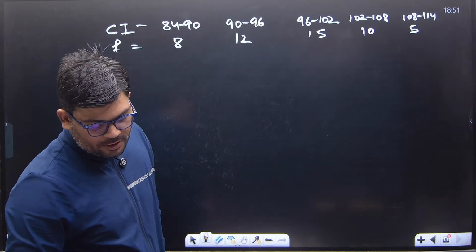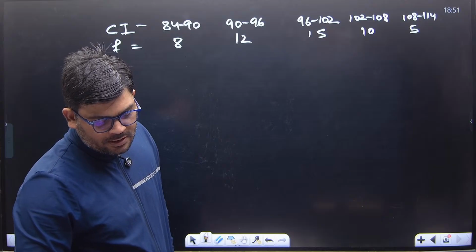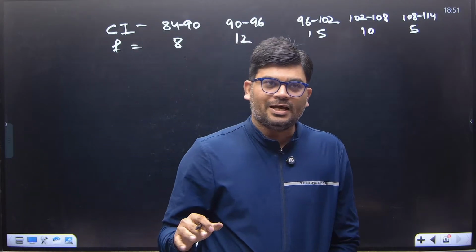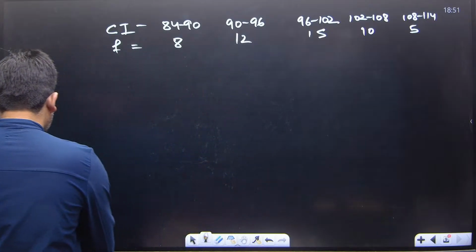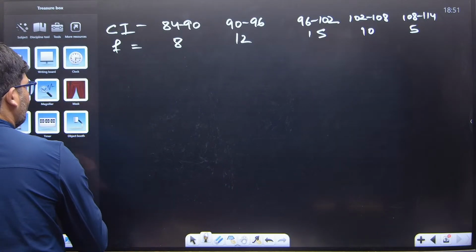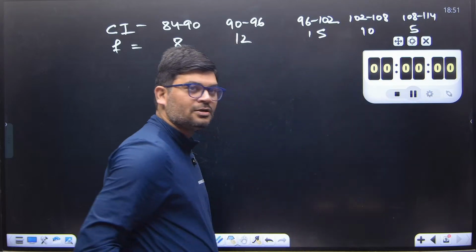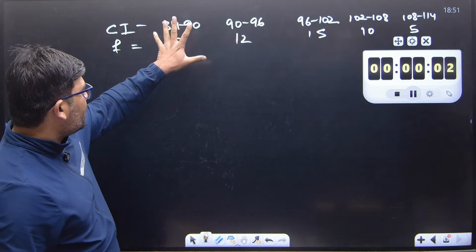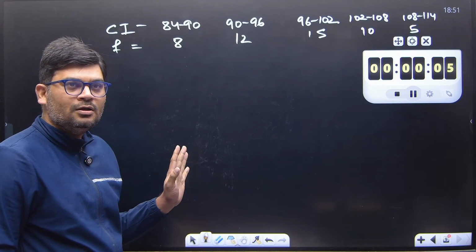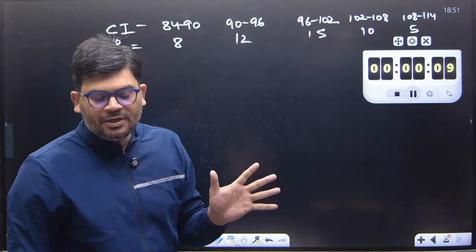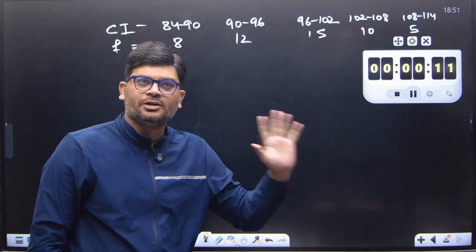The method I am going to use is the step deviation method, the last method, which is the utmost method. And I will put on the timer in front of you and show you how fast that method is. This is the question in front of you, and you've been asked to find the mean of the following frequency distribution.